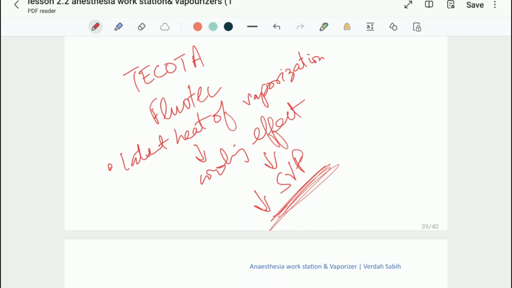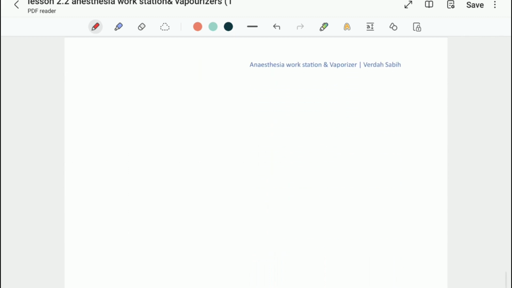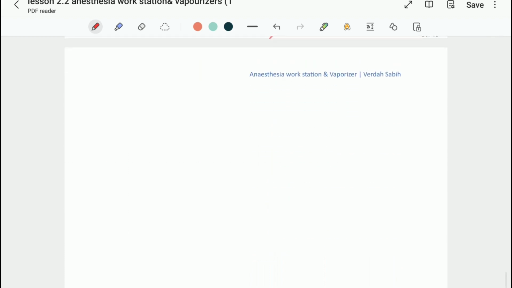Now, what are the mechanical implementations used to compensate for this temperature drop? The hallmark of the Tec series vaporizer is its method of automatic adjustment via a bimetallic strip. This strip consists of two dissimilar metals with different coefficients of thermal expansion which are welded together.